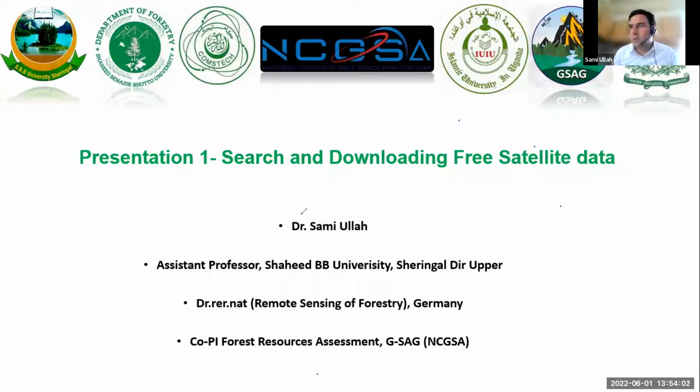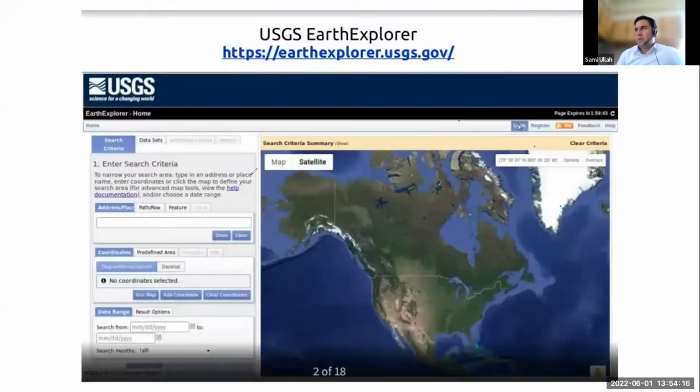So today we will discuss how to search and download free satellite data, Earth observatory satellite data, and some climate data for any area across the globe. I would suggest that you first make an account on the USGS website, the USGS Earth Explorer website.